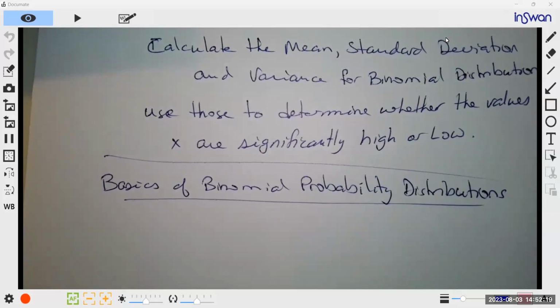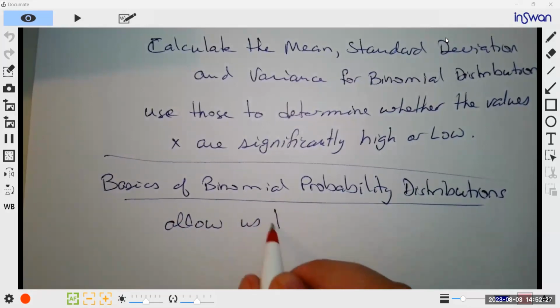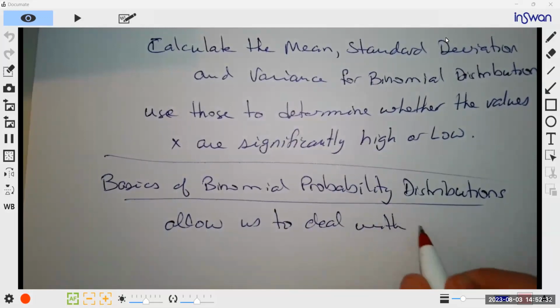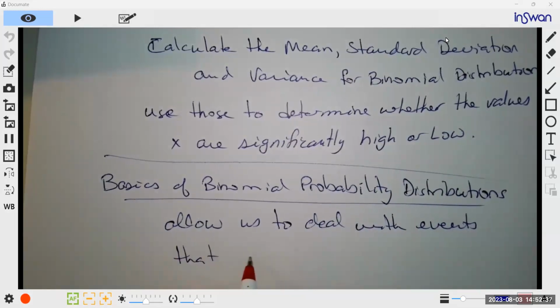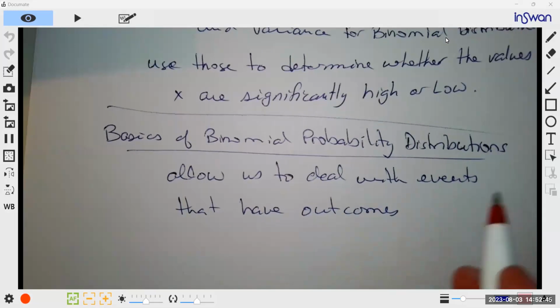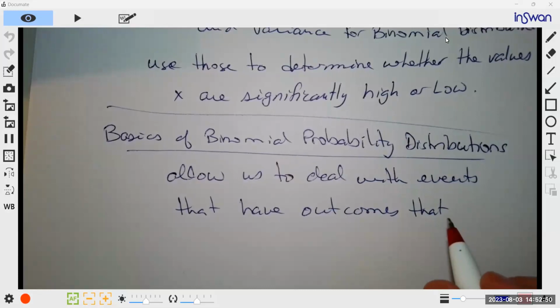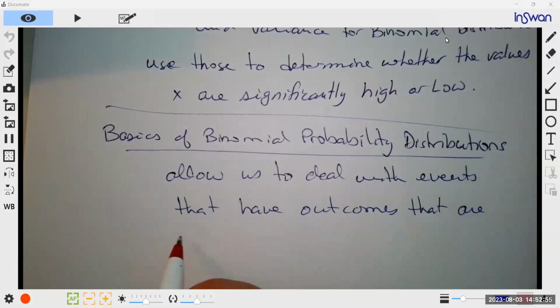So what these do, binomial probability distributions allow us to deal with events that have outcomes that belong to only two categories that are binomial.